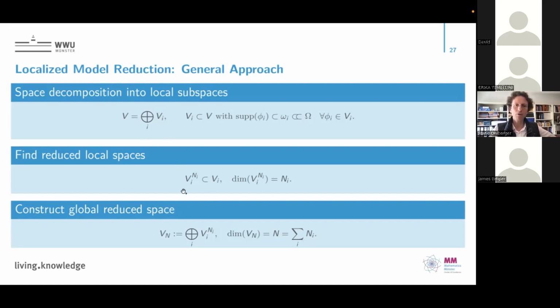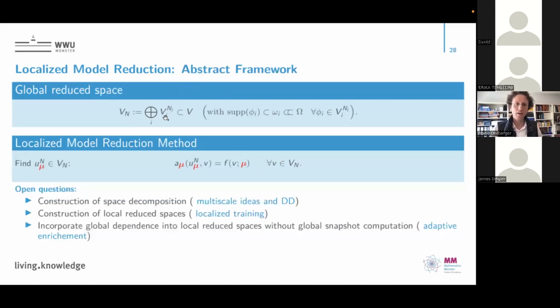If we have a reduced local space, which is a subspace of these local components with some dimension N_i, then we can come back to a global space by using this direct sum. Of course, the overall dimension is then just the sum of the local dimensions. This is the general idea, and the methods differ in how we split this global space into local ones. One of these splittings I will discuss in a minute.